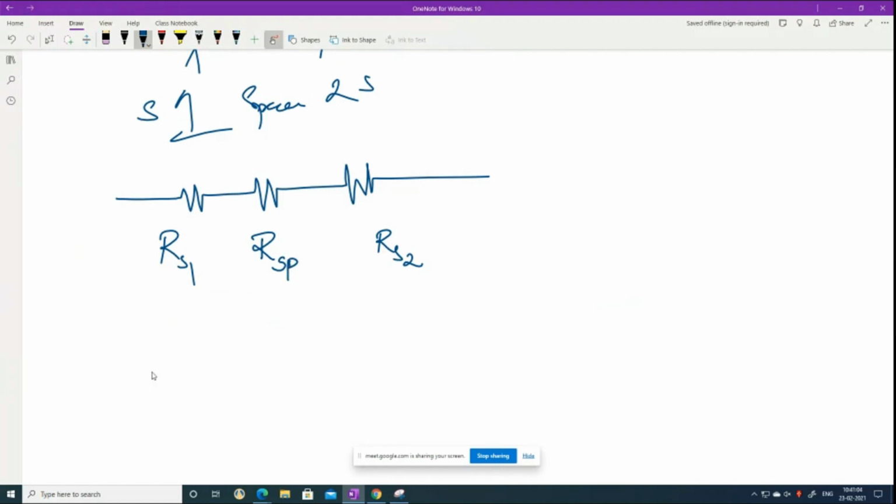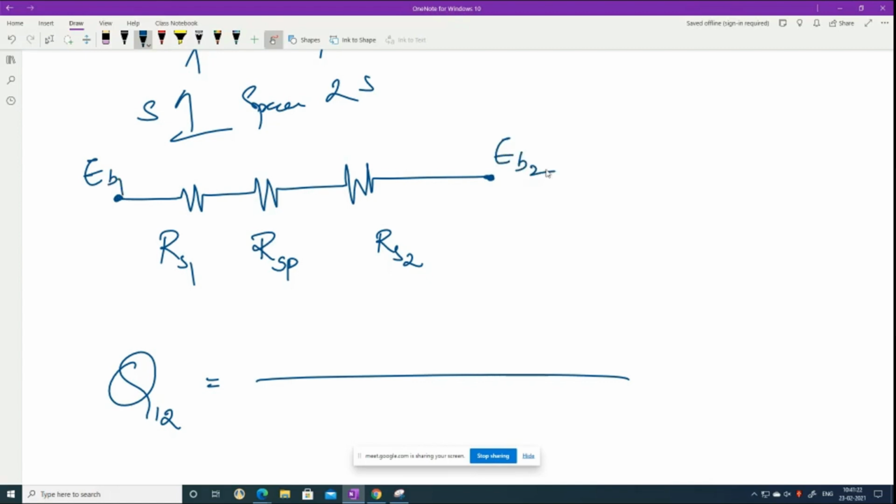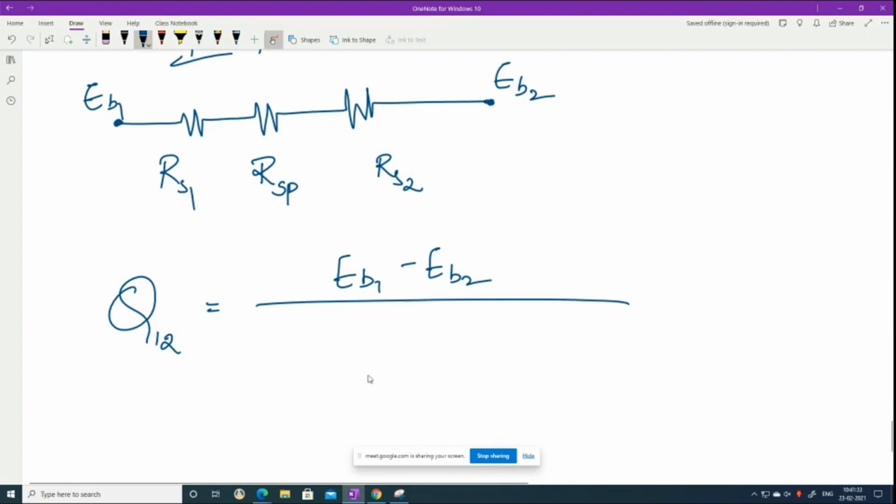If this is the case, what should be my Q12? So Q12 will be equal to the change I have to write. What change should I write here? For writing that, I will use the concept of EB1 and EB2, the black body radiation. So EB1 minus EB2 you will have in the numerator. And what will be in the denominator?